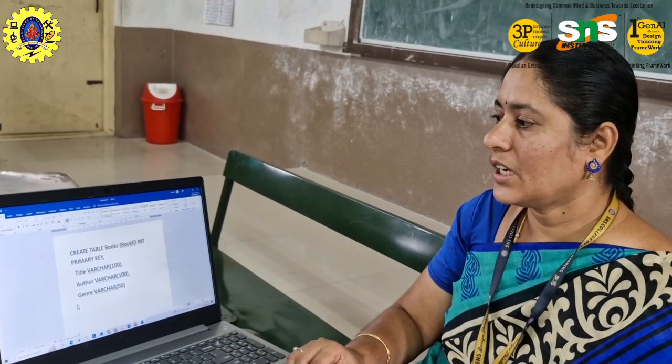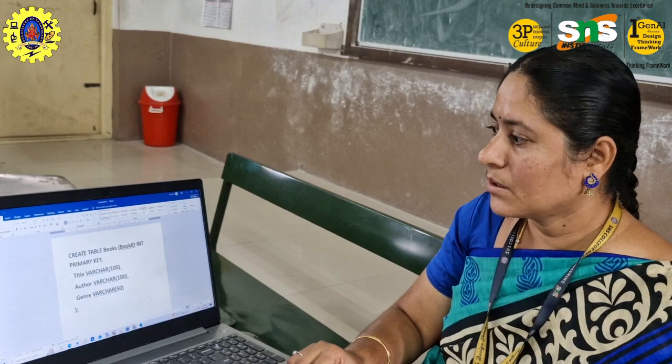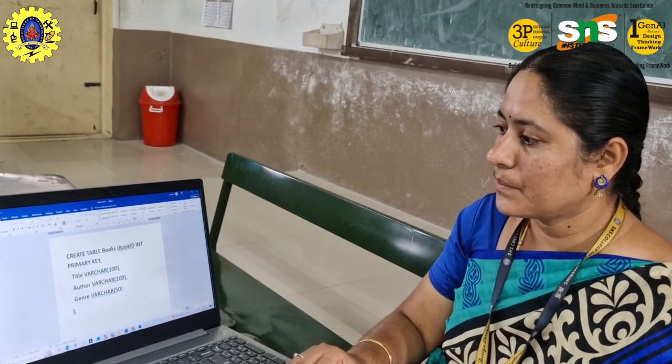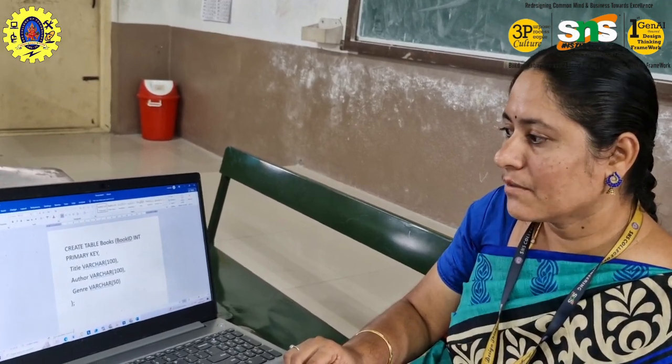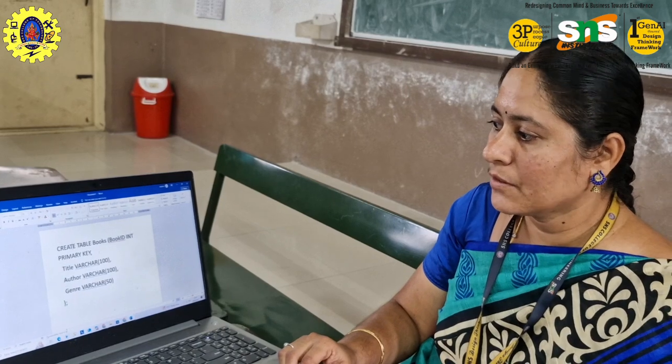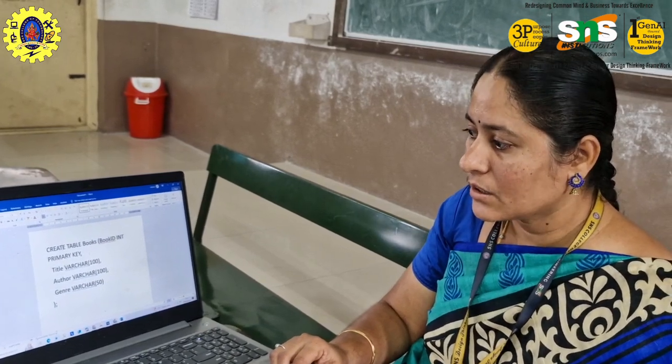Fourth one is prototype. Now let's translate this into a relational schema and write some SQL commands. Here is how we create the books table. Create table books, book ID int primary key, title varchar of 100, author varchar of 100, genre varchar of 50.